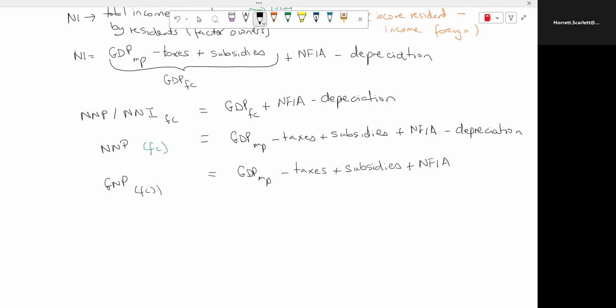So we do not adjust for depreciation. And that is what is important in terms of just doing the juggling with the arrangement of the formula so that we can see it in its different forms.